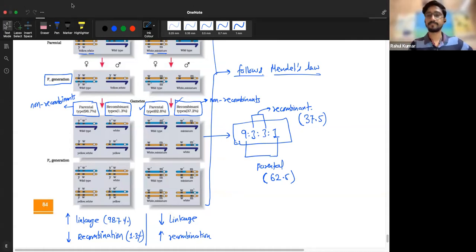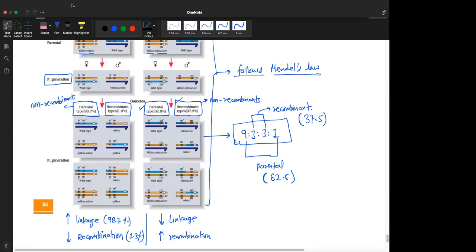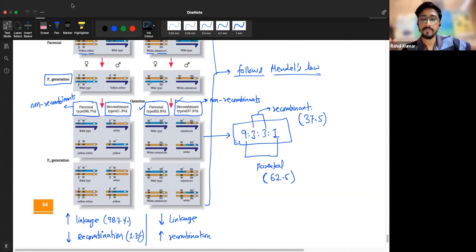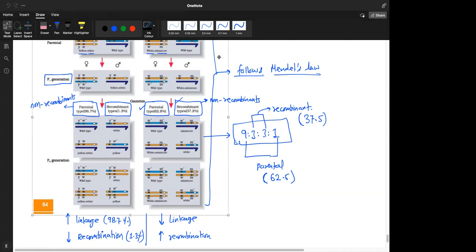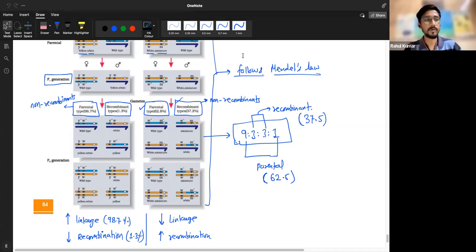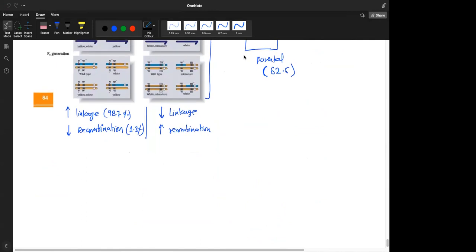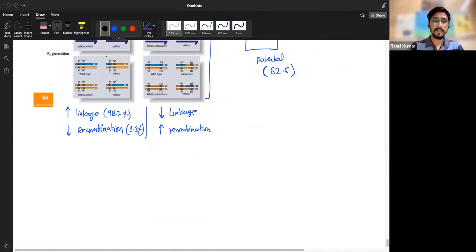Okay, done? Any doubt? No doubt? Okay, so I'm expecting that you understood everything, and now I can tell you about something different from Mendelian genetics, right? So after understanding all of this, let me tell you something about what Mendel did not know actually.